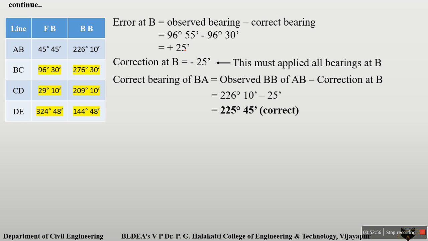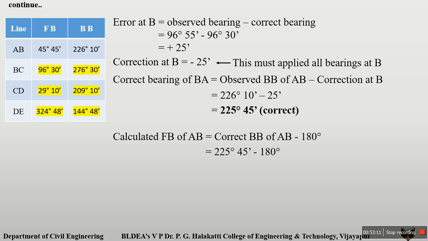Then lastly, the bearing of AB line: the correct back bearing of AB that we have just calculated minus 180 degree. Put in the respective values like this, simplify this one, we get 45 degree 45 minutes. Now the calculated bearing of AB is the same as our observed bearing of AB line.